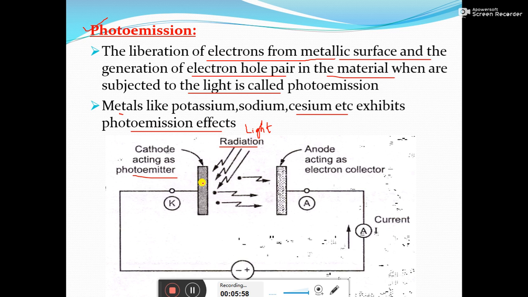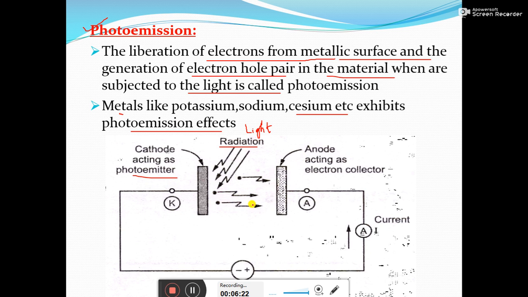Whenever these light rays fall upon the cathode surface, they emit electrons, and these emitted electrons are accelerated towards the anode plate, because the anode plate is maintained at positive potential and the liberated electrons are of negative charge. Since these are of negative charge, they get attracted to the anode plate.